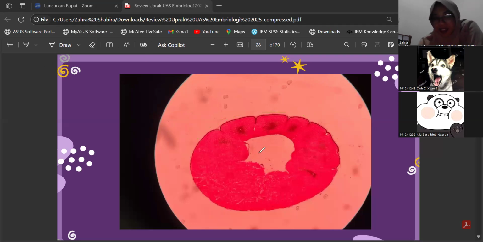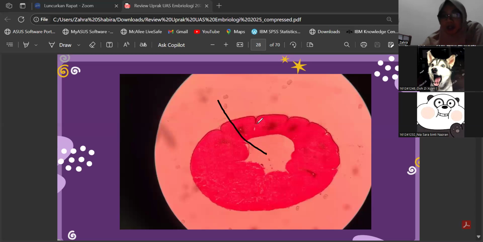Remember, just rewind again. Now there is a space over here. Now this space last time it's kind of tricky, and sometimes the answer is wrong. Most of them say this is blastocoel, but this part is not blastocoel because it's still in the stage of late cleavage.